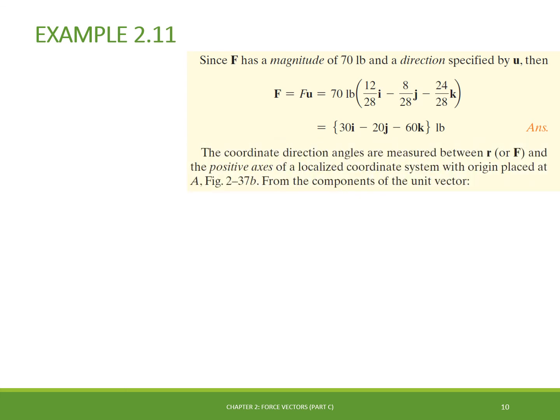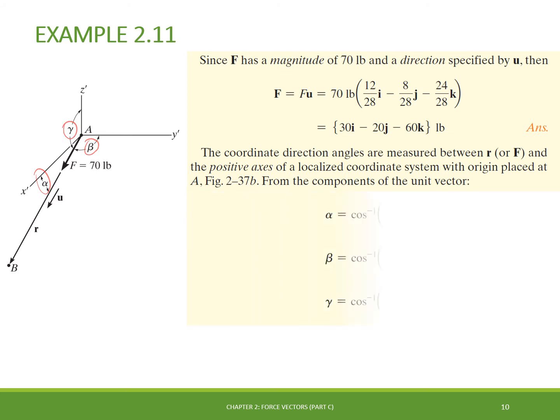For the second part of the question, we have to determine the direction angles of F. To do it, we can see that it's much easier to calculate these direction angles if we establish a new coordinate system, x prime, y prime, and z prime, with its origin in the point A, rather than considering the original coordinate system, because the angles alpha, beta, and gamma are readily visible in this new coordinate system.